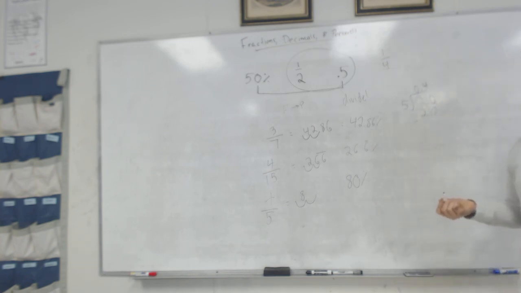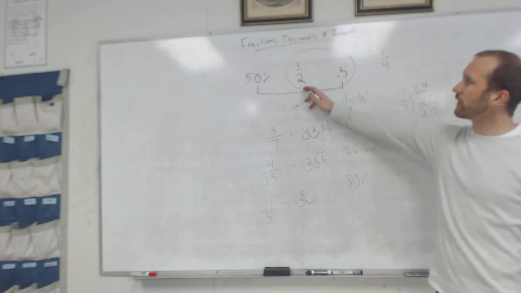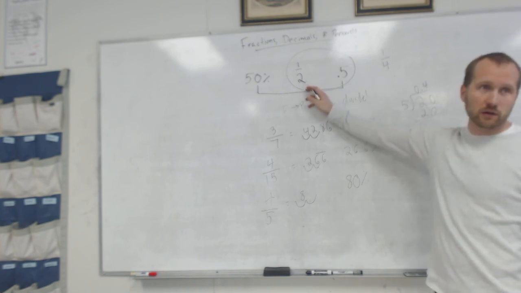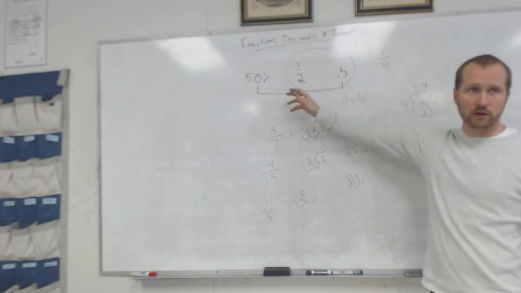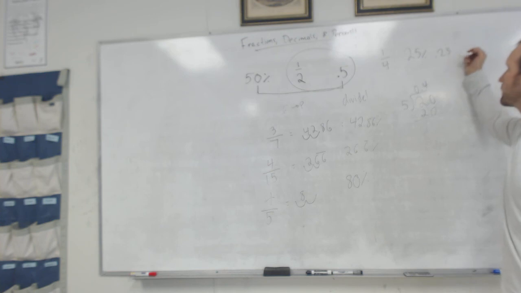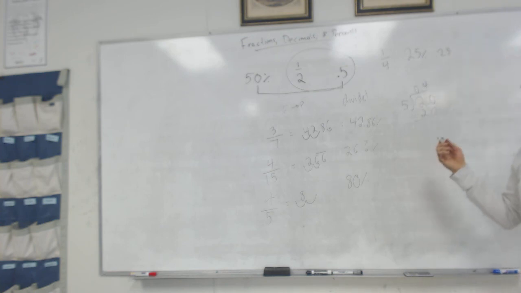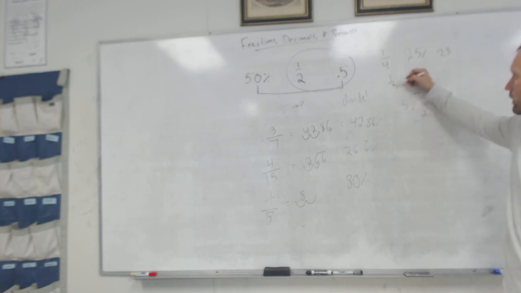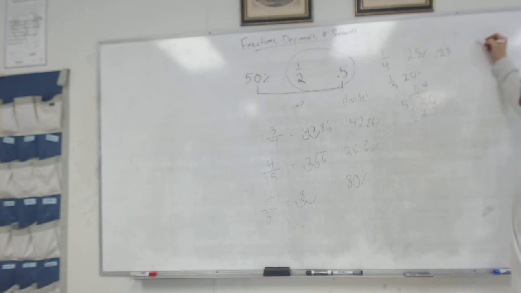What's 1/4? It's half of a half. So what's half of 50? 25. Yeah, 1/4 is 25%, or 0.25. A lot of people also know 1/5, which is 20%, right? We know that 1 is equal to 100%.